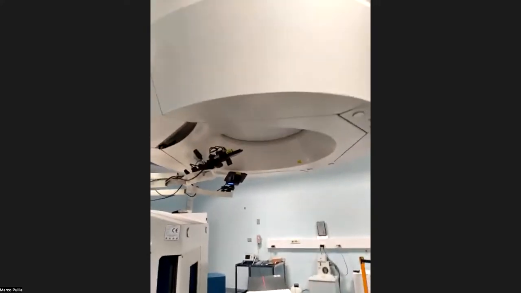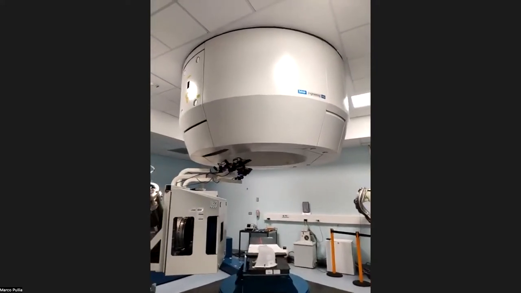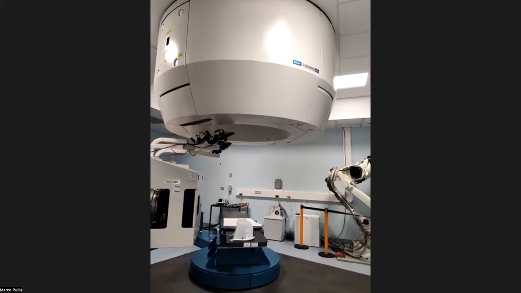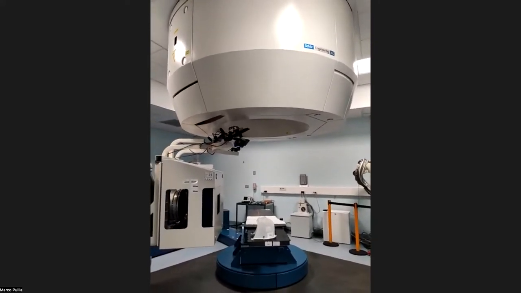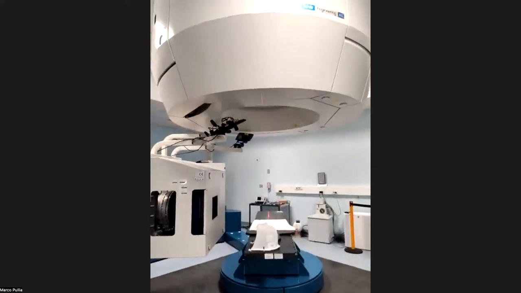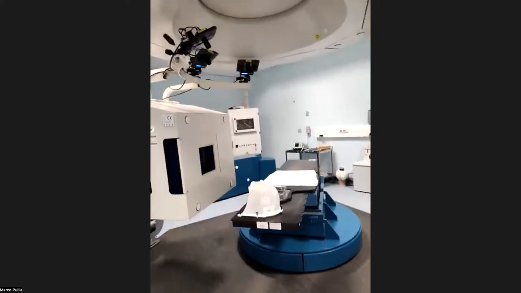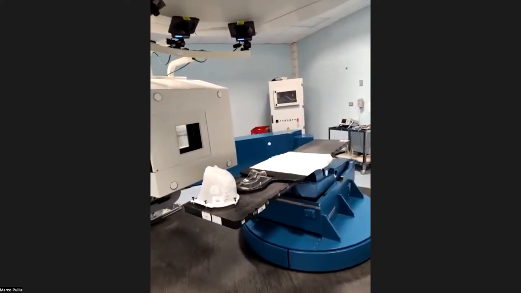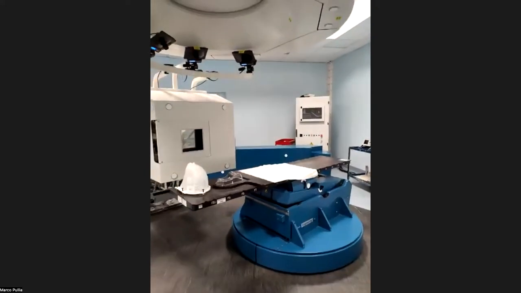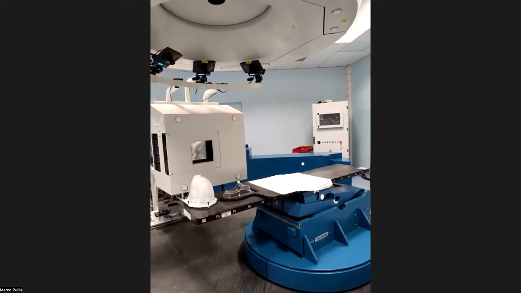Here on top, we have this big cylinder, which contains flat panels and X-ray tubes to make imaging at the isocenter of the patient. When needed, they have to be deployed. Now they are retracted. This is the treatment couch. It moves on an air cushion, and it can, of course, rotate and move.